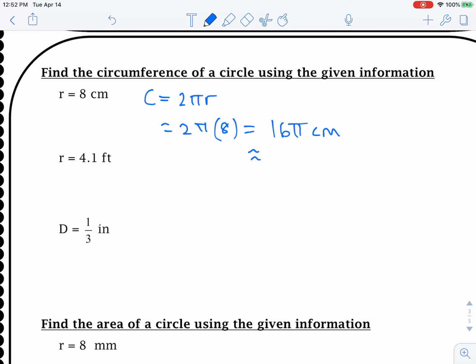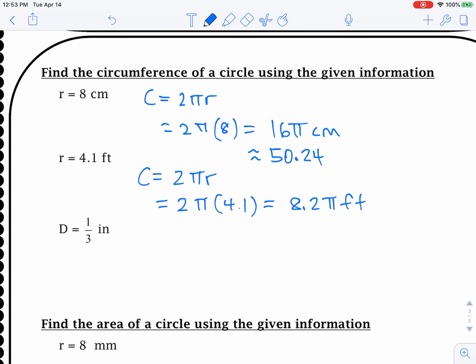Or if we use 3.14, 16 times 3.14 is approximately 50.24. A radius of 4.1, again using 2 pi r, would be 8.2 pi feet, or approximately 25.75.